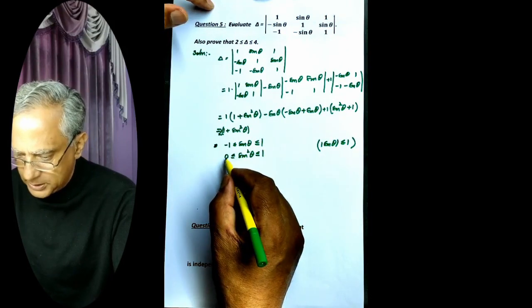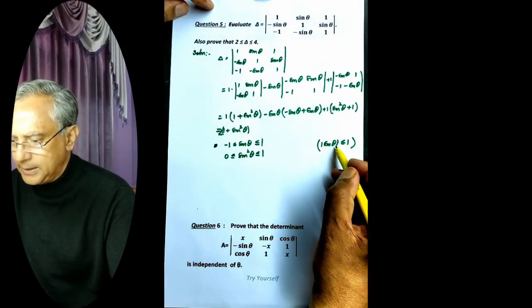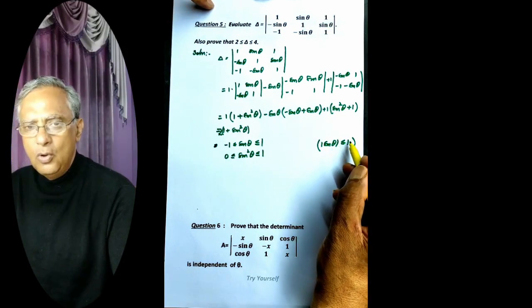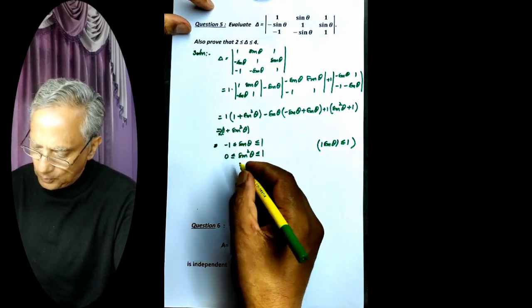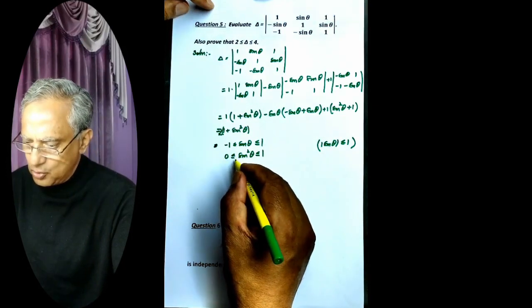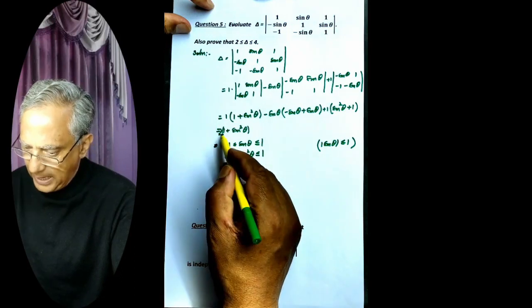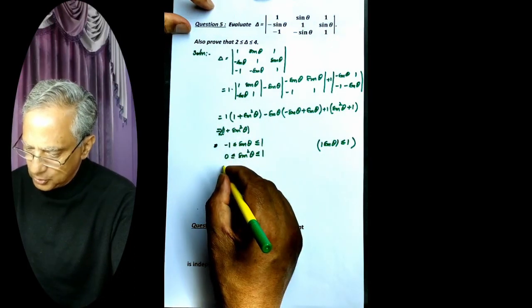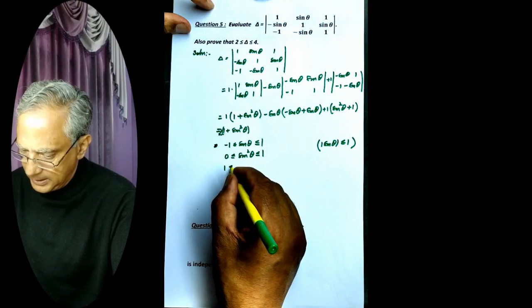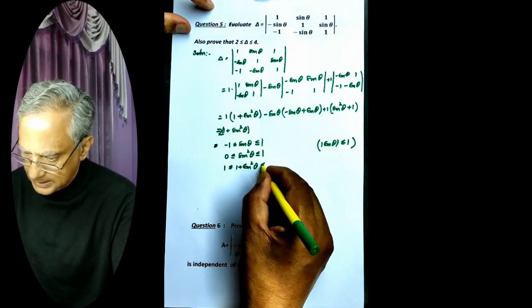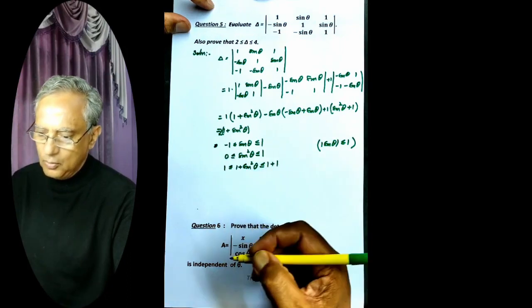Square is always positive, and since mod of sine theta is less than equal to 1, therefore sine square theta will be less than equal to 1. So this is 0 is less than equal to sine square theta is less than equal to 1, and therefore we add 1 throughout. So this will be 1 plus 0 is 1, less than equal to 1 plus sine square theta, less than equal to 1 plus 1.